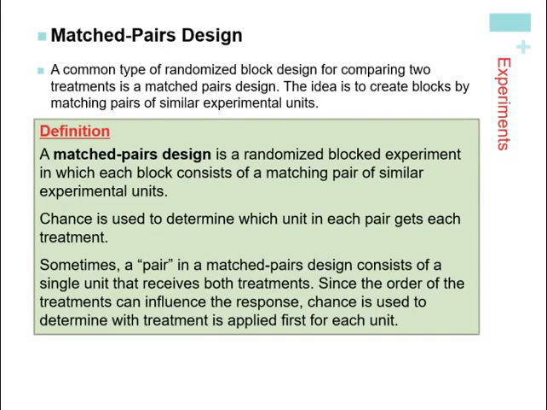So if I have a set of identical twins and I randomly give one twin treatment A and the other twin treatment B, that allows for a really good comparison because identical twins have the same genes and all of that stuff, so it allows me to compare. The other thing that you might see with matched pairs is one experimental unit gets both treatments, and we randomly decide the order. Okay, so we'll look at an example of that.